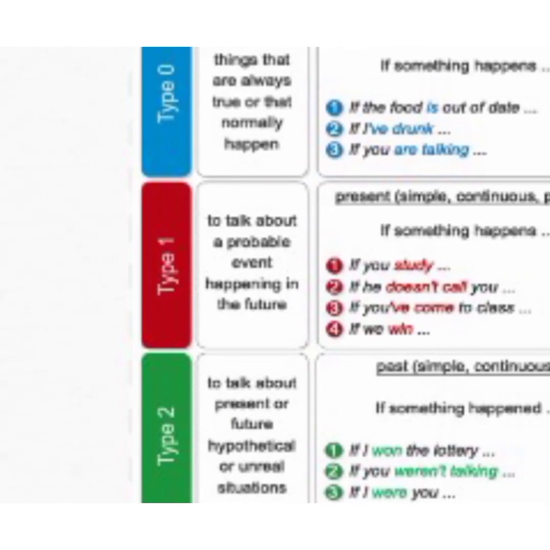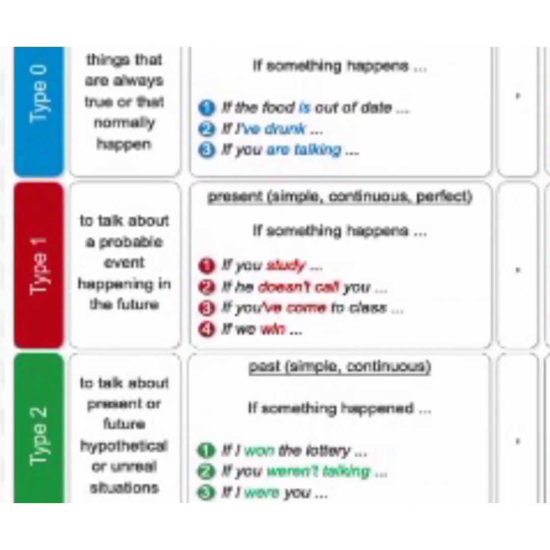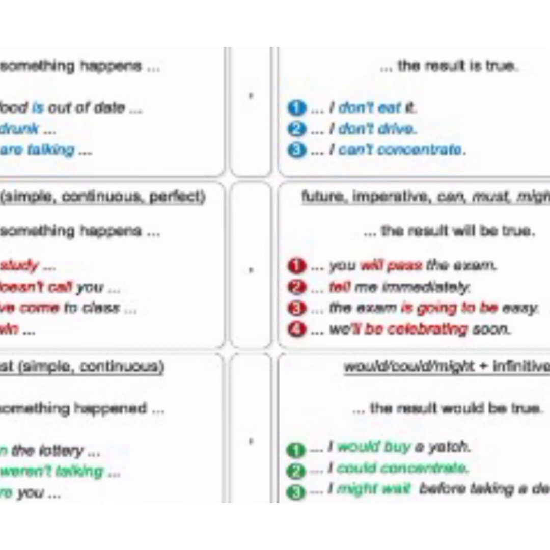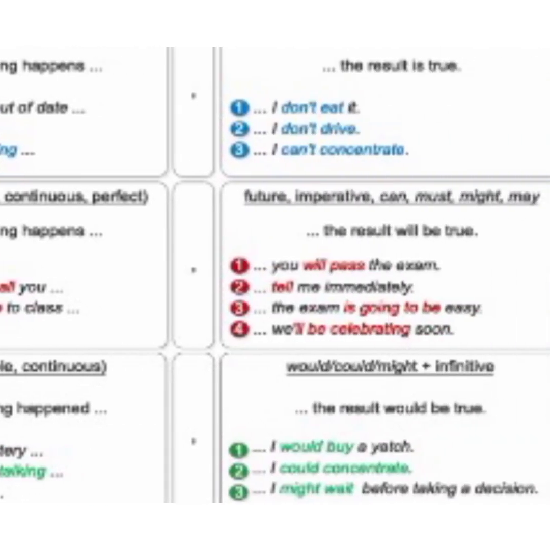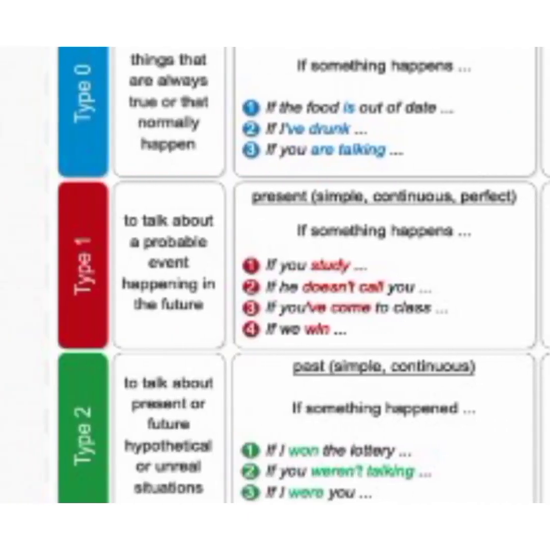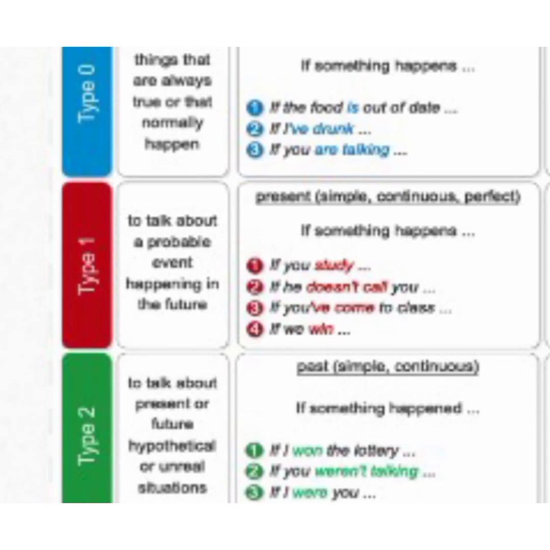Okay, so here you can see that it is true. If I have drunk, I don't drive. So these are the normal things which happen. Okay, so they come under type 0. So always keep in mind, if the if clause is in present tense, the main clause, that is the result, will be in present tense. Okay, then comes type 1. It talks about a probable event happening in the future.